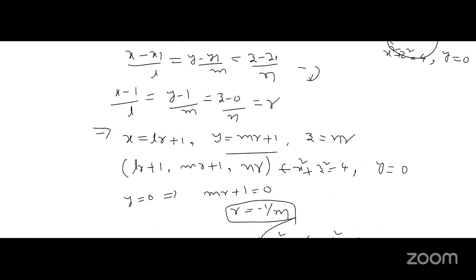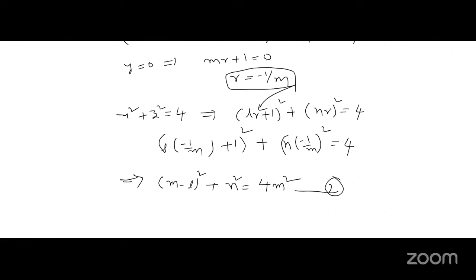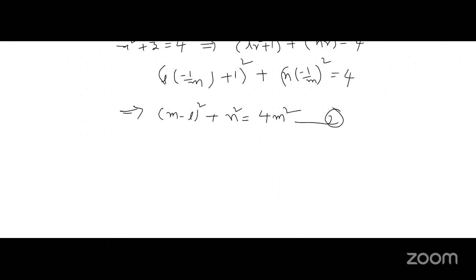So from there, we can substitute the values. What is the m value? y minus 1. What is the l value? x minus 1, that whole square, plus the n value, which is z, so that is z square, equals 4 into the m value, y minus 1 whole square.